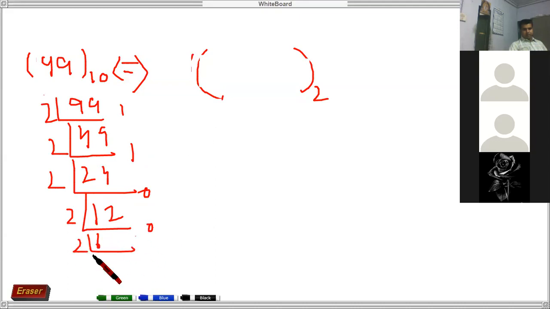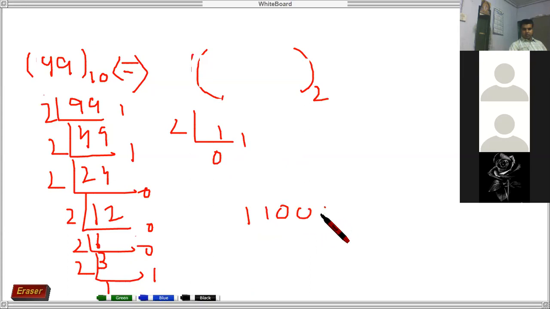Then 2 3s are 6. Remainder 0. Then 2 1s are 2. Remainder 1. Then 2 zeros are 0. Remainder 1. Okay. So 1 1 0 0 0 1 1.